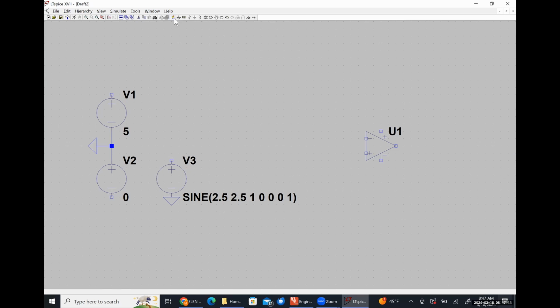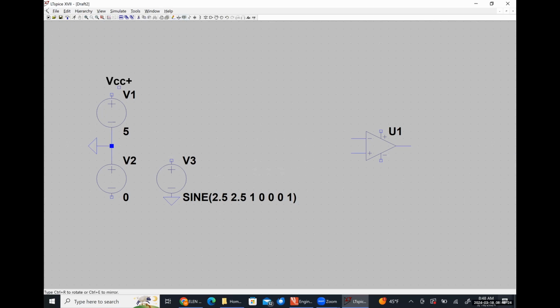I'm going to give myself a few stubs of wire here. And now I'm just going to use labels. This is something that's pretty interesting, I think, and it makes our schematic diagrams look much nicer.